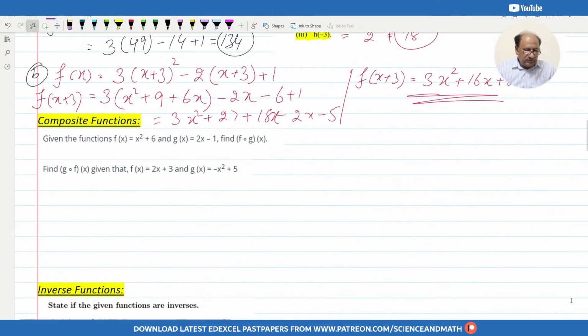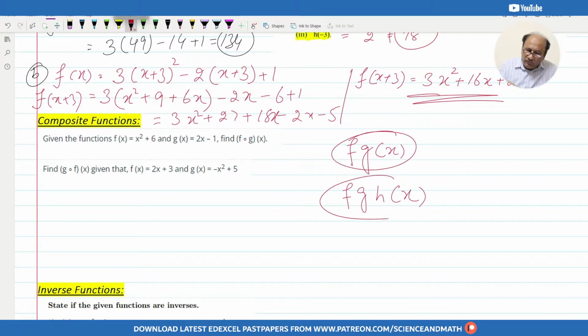Now next, there is another type of function which is known as composite functions. Composite functions are basically functions of functions. For example, we can write f of g of x like this, or f of g of h of x. So there is more than one function. This is a function of a function.